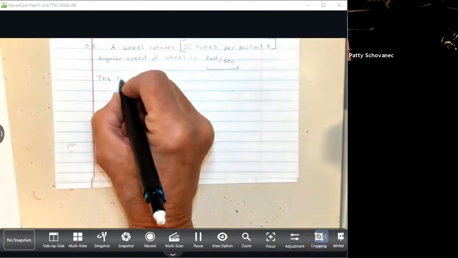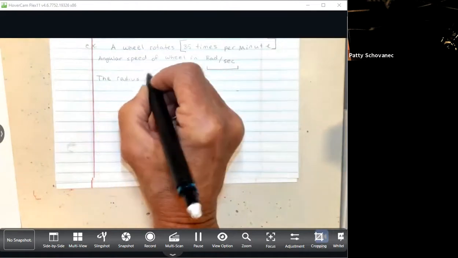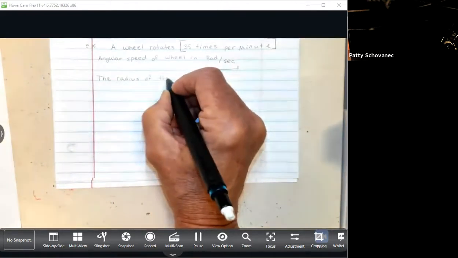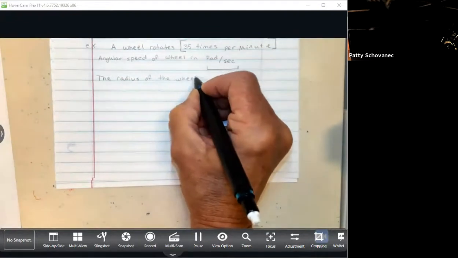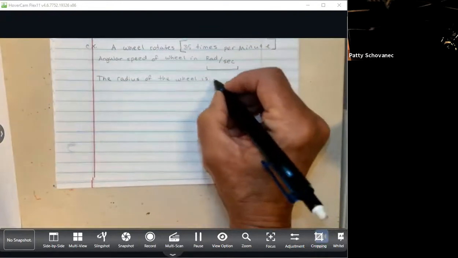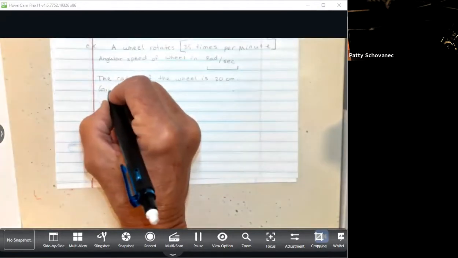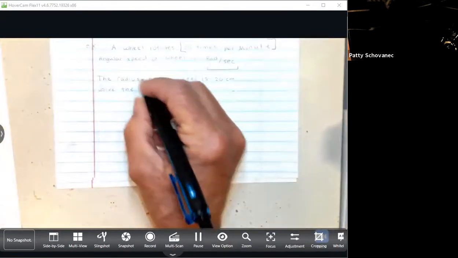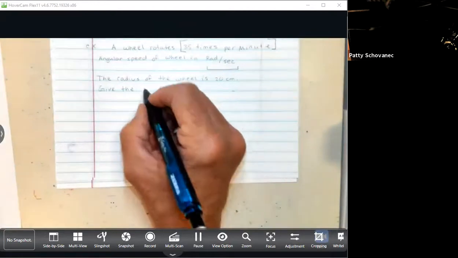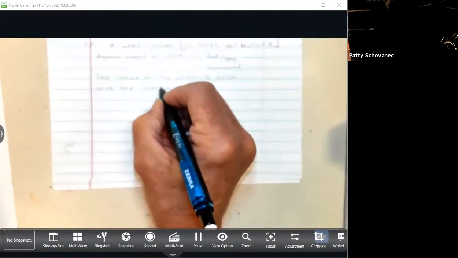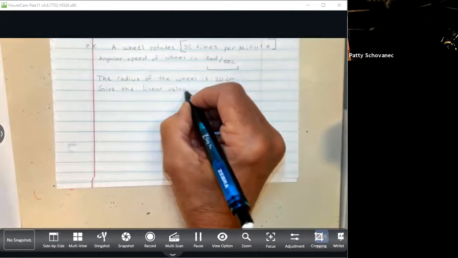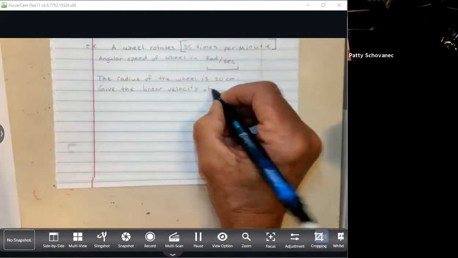The radius of the wheel is 20 centimeters. Give the linear velocity of a point on the edge of the wheel.